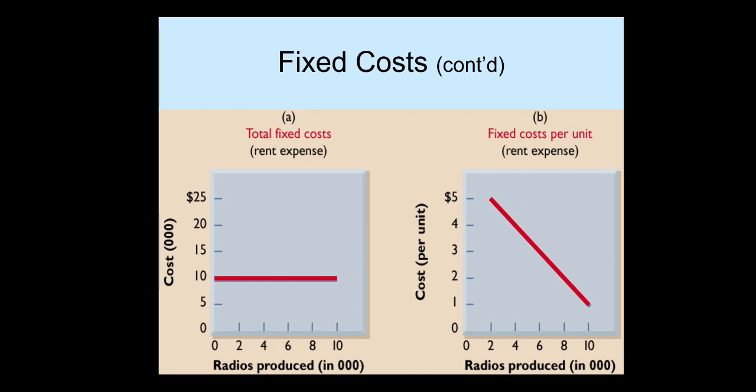The unit fixed cost is equal to $10,000, which is the total fixed cost, divided by 1,000 units. So $10,000 divided by 1,000 equals $10. The unit fixed cost is $10 at 1,000 units of production. So the bigger the quantity of production, the smaller the unit fixed cost.